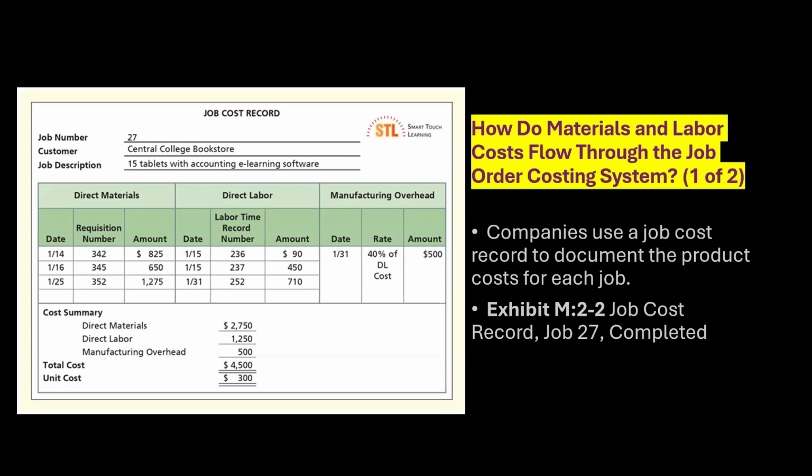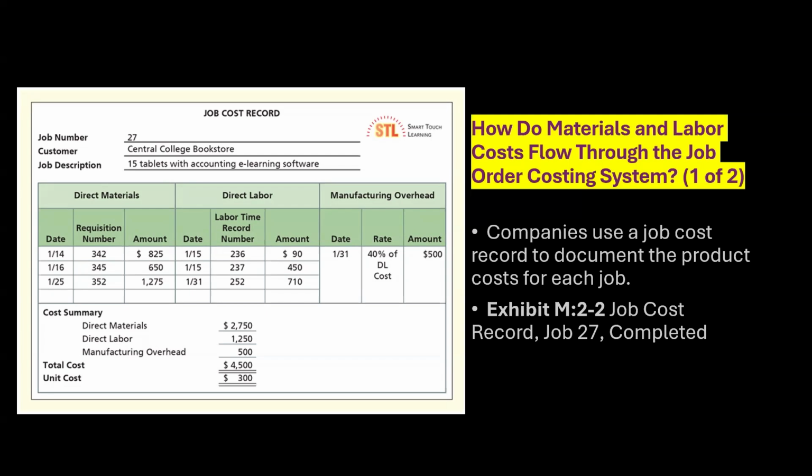We're still talking about Smart Touch Learning. So Smart Touch Learning uses a job cost record to document the product cost for each job. You have direct materials, direct labor, and manufacturing overhead. Here you see in this exhibit, it provides an example of a completed cost record for job number 27.